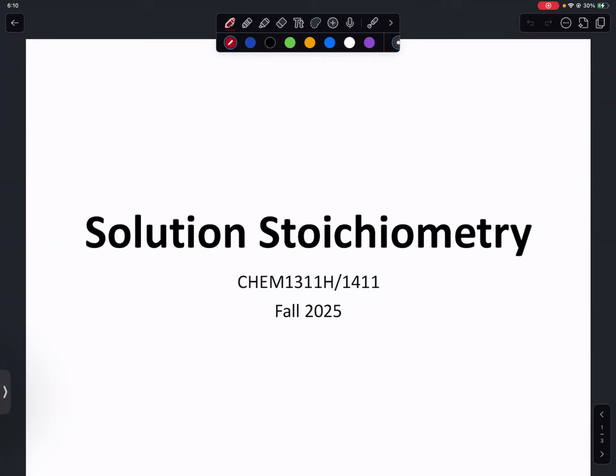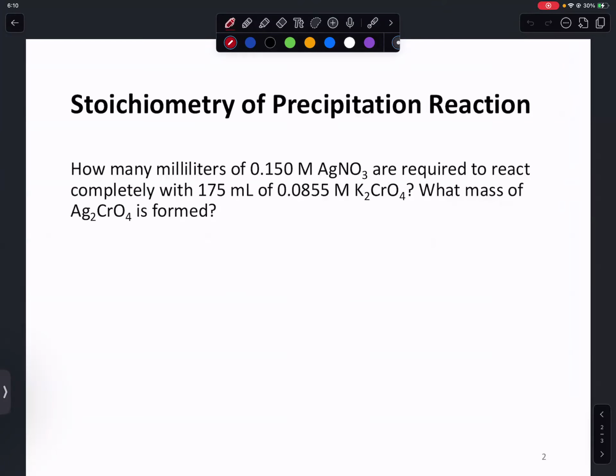But what is different right here is we are going to be using molarities, which we've learned about in an earlier video, which represents moles per liter, in addition to volumes and moles, to determine either a volume of a certain reactant or product, to determine the molarity of a certain reactant or product, or to determine the mass of a precipitate in a precipitate reaction.